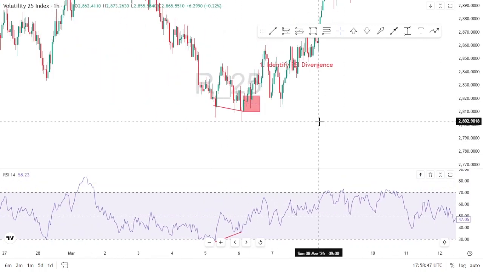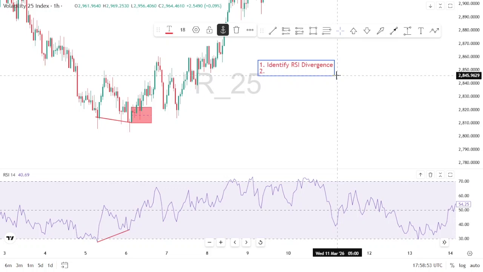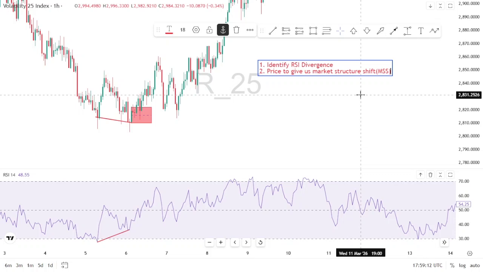Now the next step is, after you've identified a divergence, you want price to give us a market structure shift, popularly called MSS. Others call it change in state of delivery, others call it break of structure, others call it whatever.